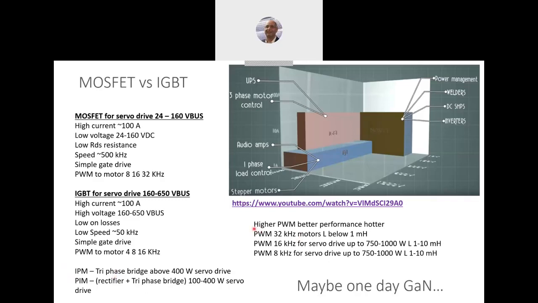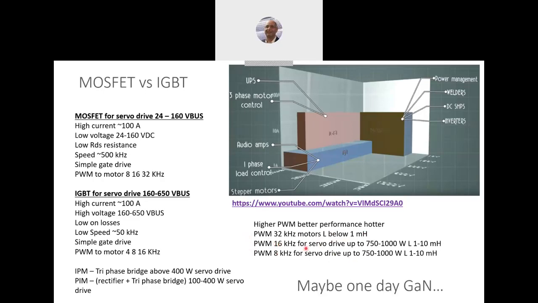Now higher PWM gives you better performance, but it gets hotter. If you have a very low motor inductance below 1 millihenry, you probably have to go even higher, to 32 or 64 kilohertz. The most common switching of the three-phase bridge is 16 kilohertz.